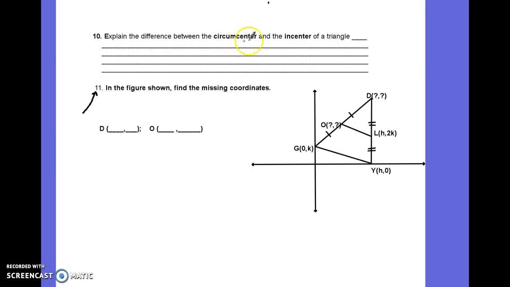It explains the difference between the circumcenter and the incenter of a triangle. You might remember, maybe you don't remember, that the circumcenter is a special point. It's a point of intersection of the perpendicular bisectors.